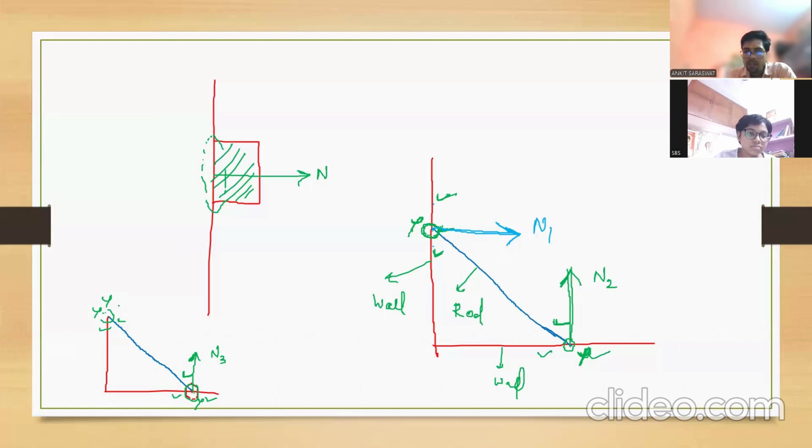Because this rod is at the corner, we are not sure whether our normal will be perpendicular to the wall surface or rod surface. Then we will take one normal in the right direction and one normal in the upward direction. If we are not sure, we will take two normals, in X and Y. Clear? These are the special cases.